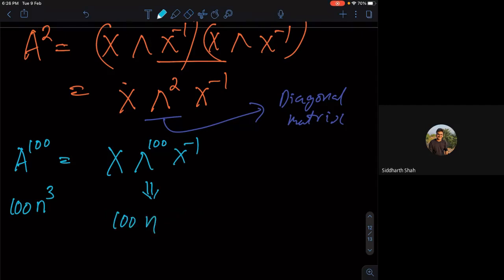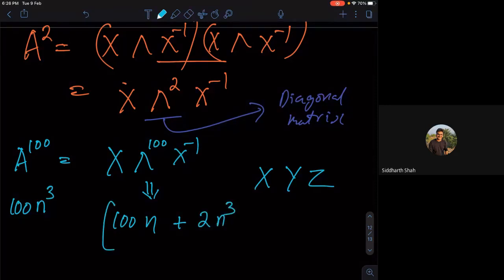Once you have done the 100n, you multiply x, the middle part, and x inverse. How much time does it take to multiply 3 matrices of n cross n? It's 2n cube multiplications.